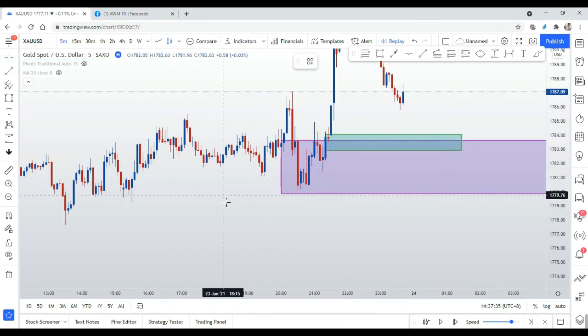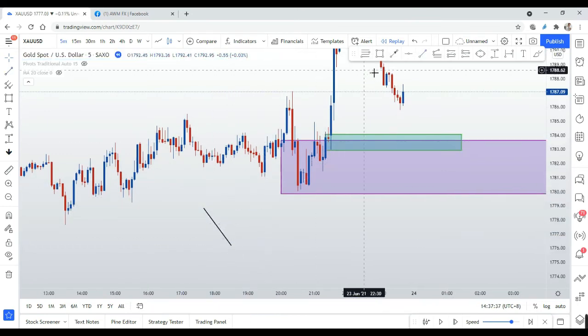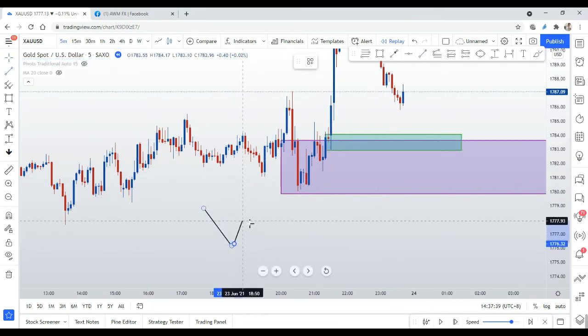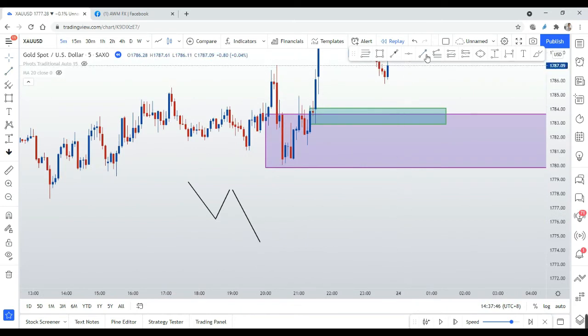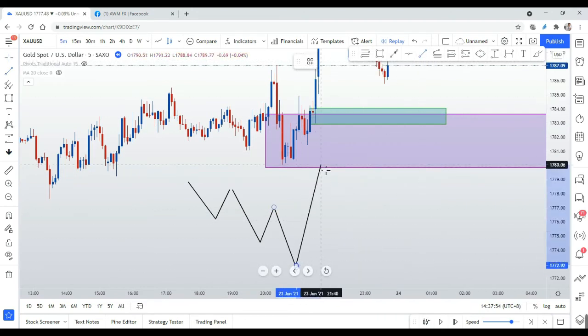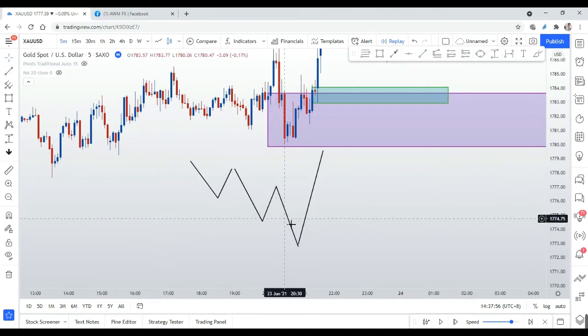Or maybe let me draw it over here. Something like this. The price is dropping. If the price is dropping, then suddenly there is a break, this is a QML for me.